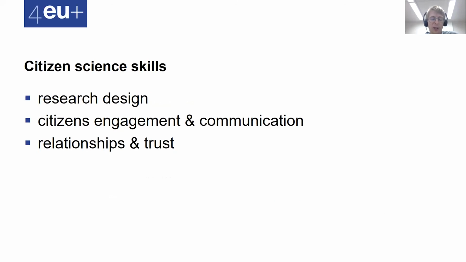Then we mentioned citizen science, and it will be mentioned later by Richard, but there are some specific skills you need there as well. There is research design, because the involvement of citizens makes things very different. And you also need to engage with the people who are cooperating with you, and you need to do some communication. There is importance of building relationships and trust.